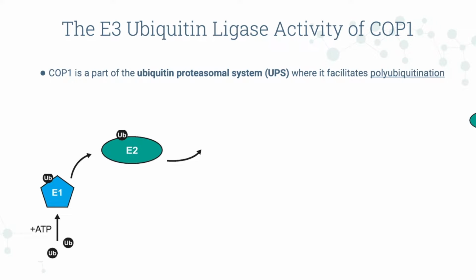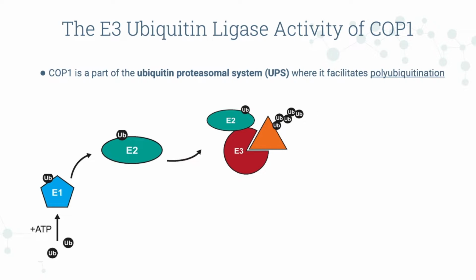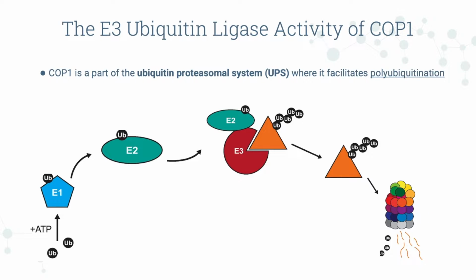And lastly, the E3 ubiquitin ligase and the E2 enzyme work together to transfer ubiquitin to the substrate. Once the target protein is polyubiquitinated, it is then recognized by the 26S proteasome complex, which eventually leads to proteasomal degradation.